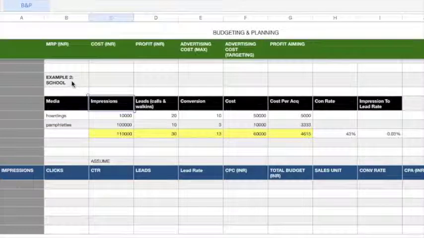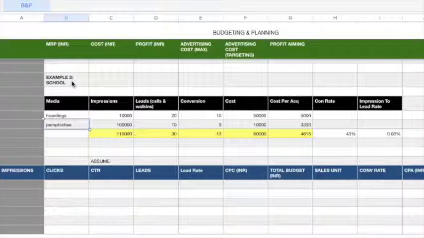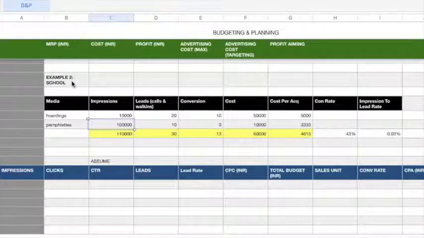That is equivalent to impressions that we have, right? Impressions is also the number of times an ad is viewed. The pamphlets that we distribute maybe 4 times in a month are viewed 100,000 times. So total impressions that we have is 110,000 impressions.